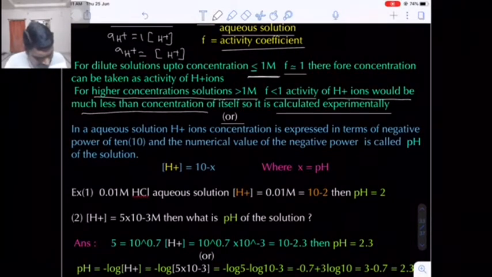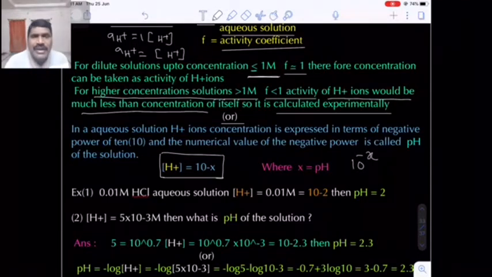Suppose I have an H plus ion concentration, and I write it as 10 to the power minus x. When the H plus ion concentration is written as 10 to the power minus x, the negative power of 10, the numerical value, that is the x value, is referred to as what? pH. The x value is referred to as what?